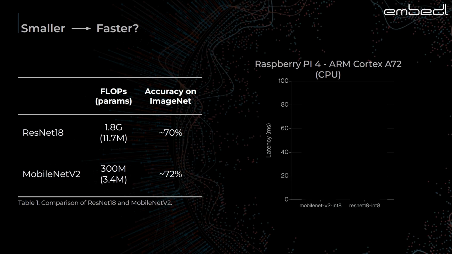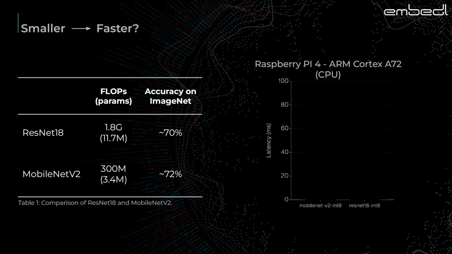And on ImageNet, a typical image classification dataset, for example, containing an image of a dog, and then you expect the output dog, they achieve roughly the same accuracy. However, the ResNet 18 is significantly larger than the MobileNet v2, in terms of floating point operations and in terms of number of parameters.